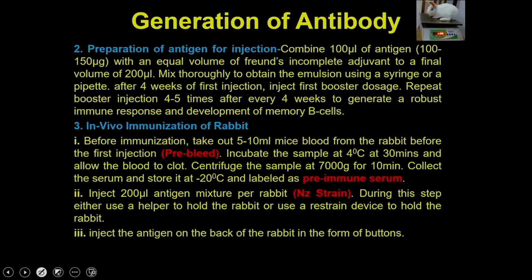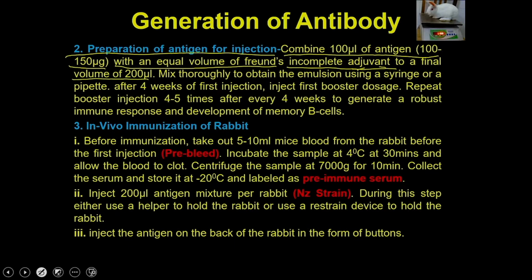Once you have produced the antigen in a large quantity, you have to prepare the antigen for the injections. For the preparation, you are going to combine 100 microliter of antigen, containing 100 to 150 micrograms of protein, with an equal amount of Freund's complete adjuvant, to a final volume of 200 microliter.